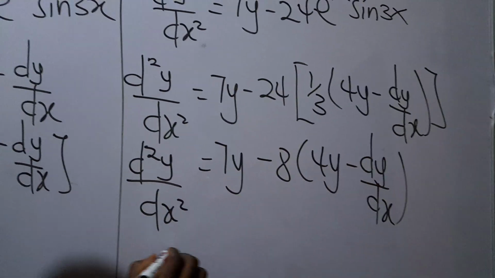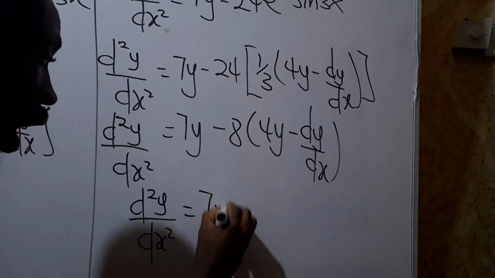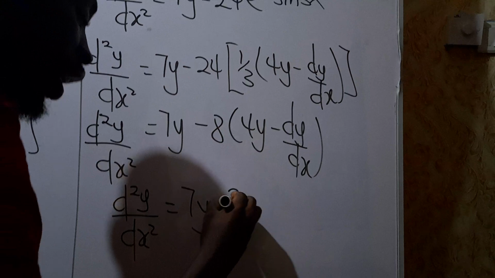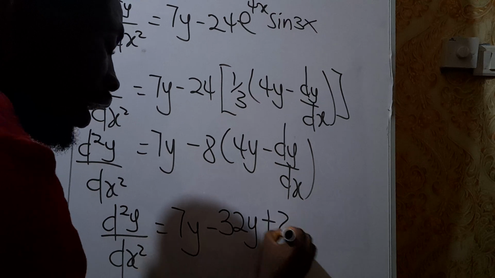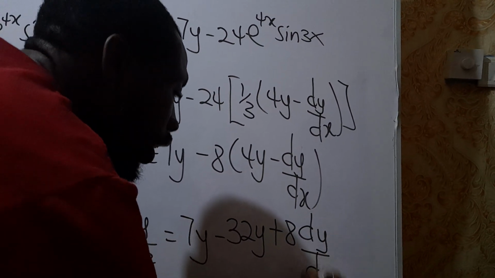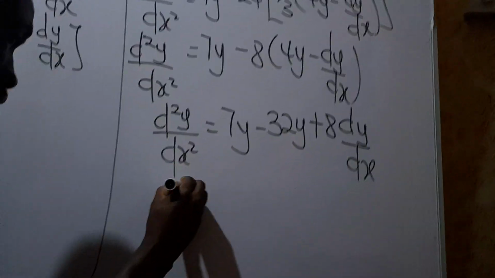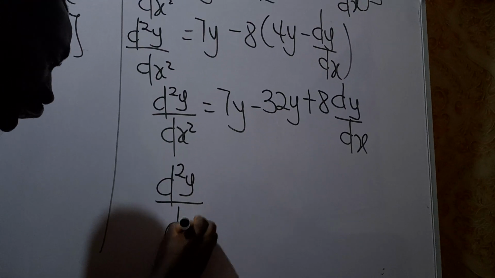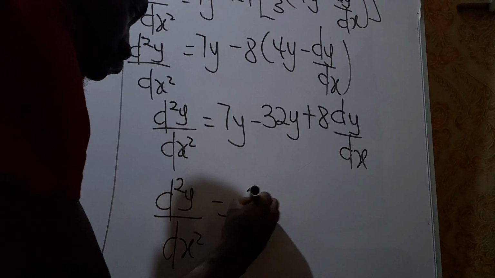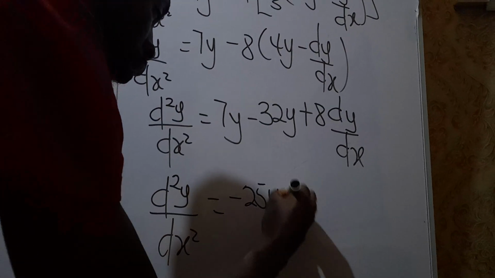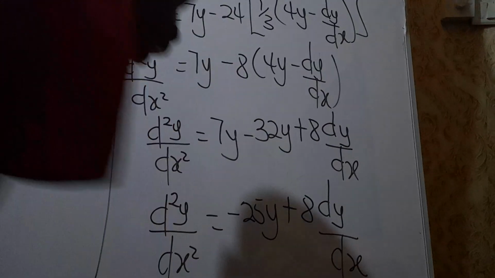So I can expand this. I will say my d²y/dx² will be 7y minus 8 times 4, that will be 32, so minus 32y, then plus 8 dy/dx. The negative times this negative will give you positive. So we can say that d²y/dx² is equal to 7 minus 32, that will be minus 25, so minus 25y plus 8 dy/dx.